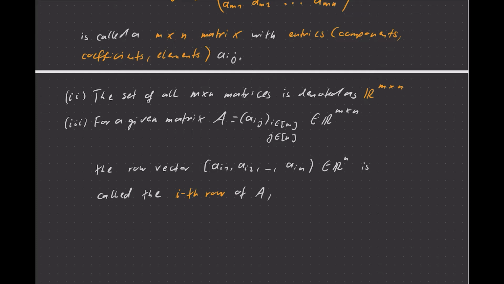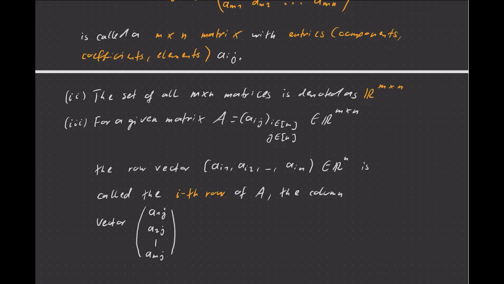And of course, you can do the same thing for the column vector. The column vector that consists of the entries A1j for some given j, A2j, up to Amj.